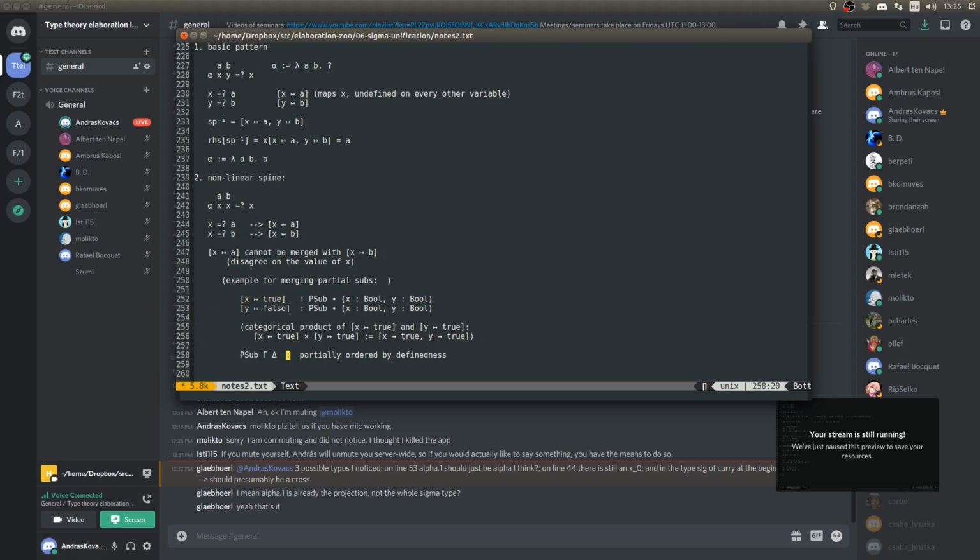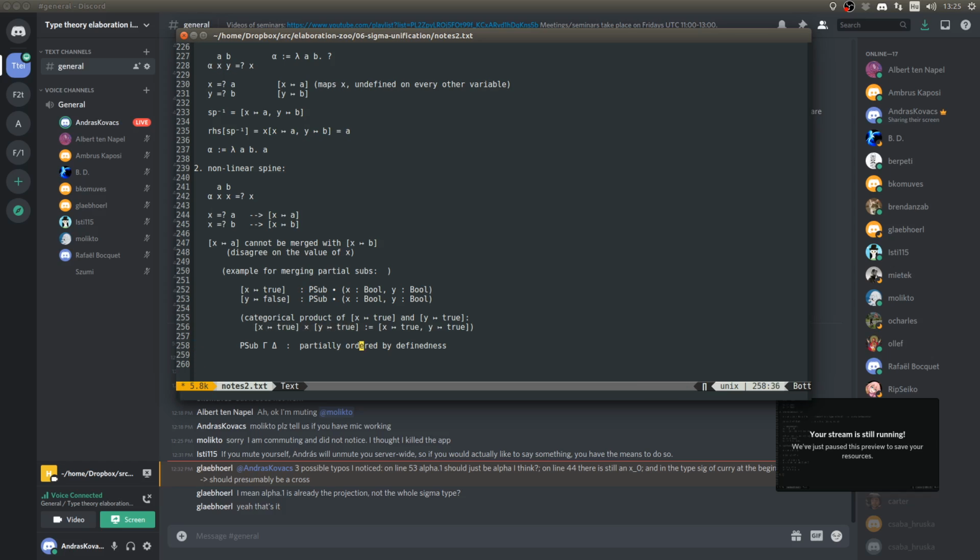So this is the least upper bound with respect to definedness, which is why you can think of it as the product of two partial substitutions. But if there is some disagreement, so if x is mapped to true but also to false, then such a product does not exist, and that's why we get this linearity error.